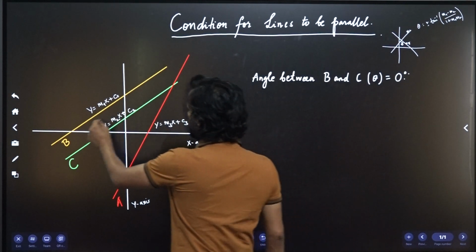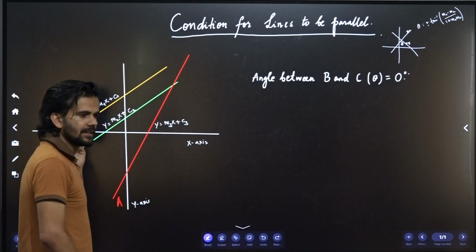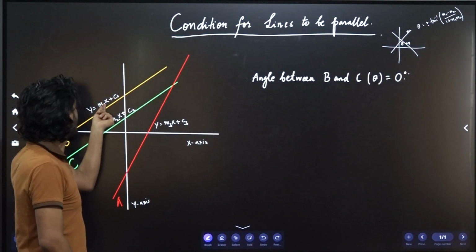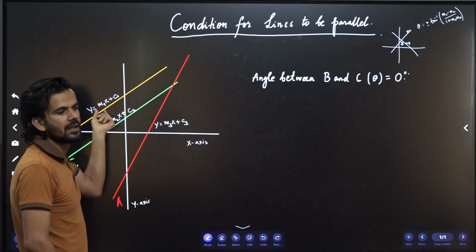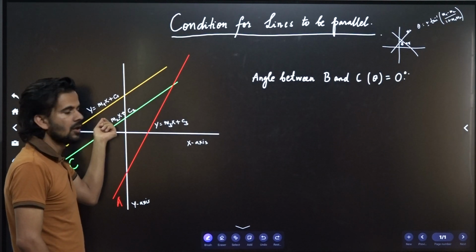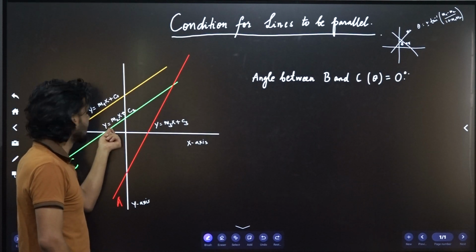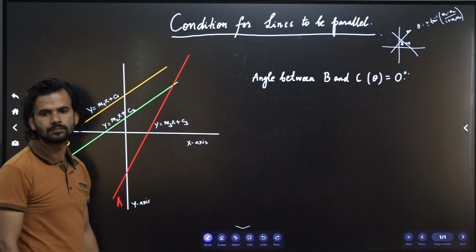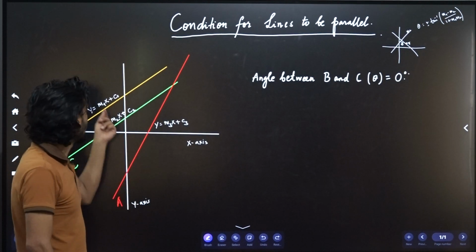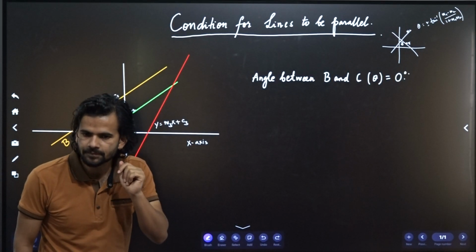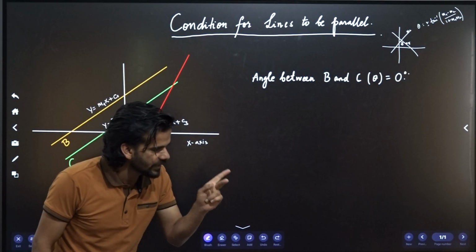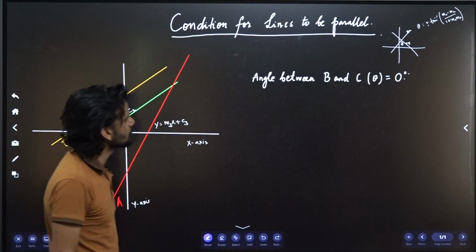What is the slope of B? M1 is the slope. I'm not asking you the equation. M1 is the slope. What is the slope of C? M2. Right? If we know m1 and m2, we can find the angle between these two lines using this formula.